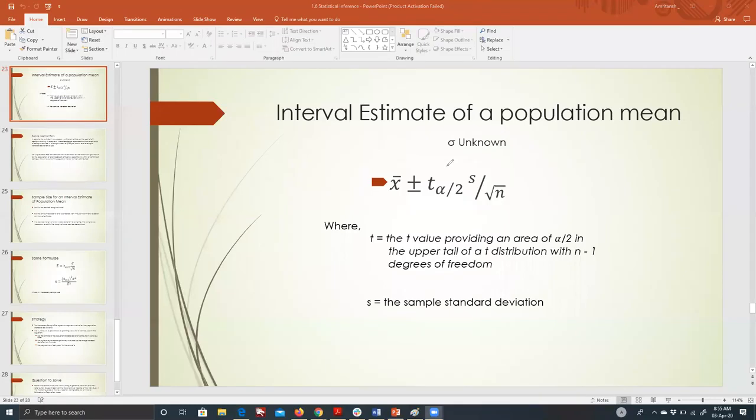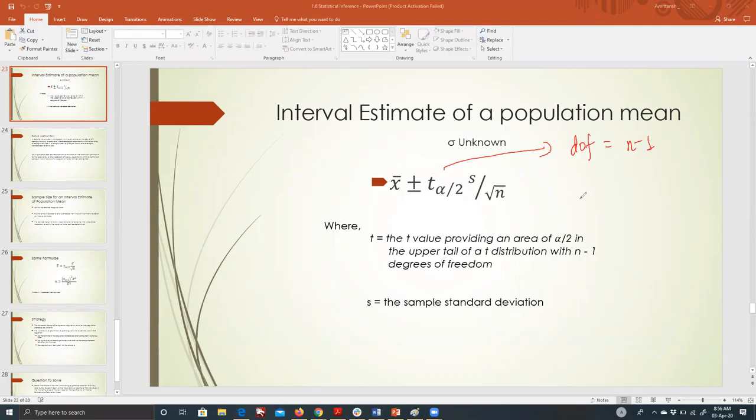But t is also dependent on? Mean, standard deviation. No. Okay, degree of freedom here. Now you see the problem. There cannot be two variables in a single equation to solve.